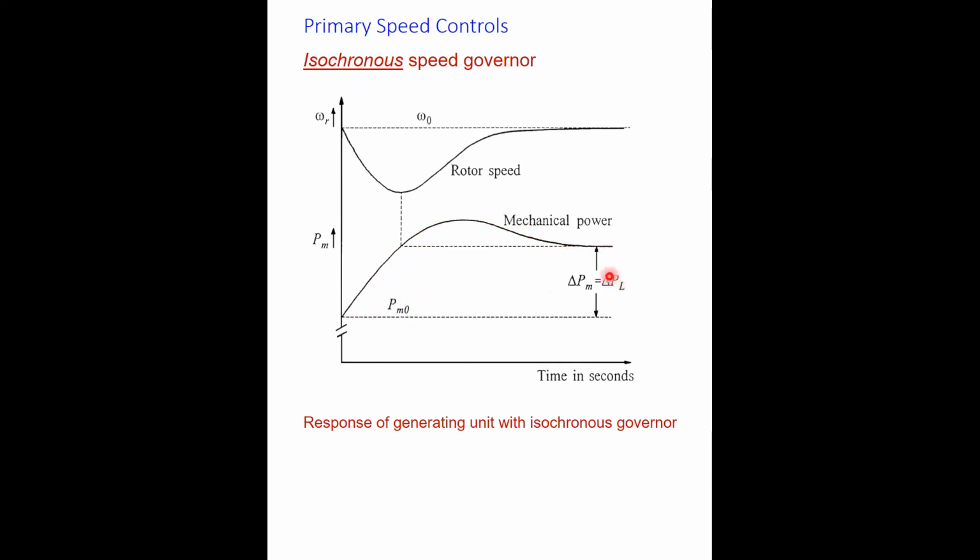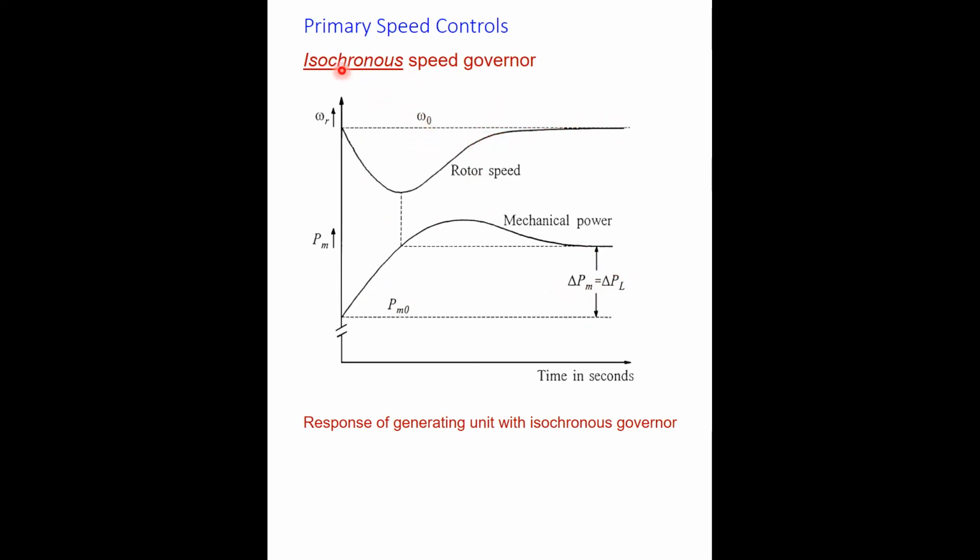This corresponds to the amount of change in the load on the generator, and that should be equal to the change in the power. So the increase in the mechanical power is equal to the increase of the load, and that's why you have the speed restored back to the nominal value here.